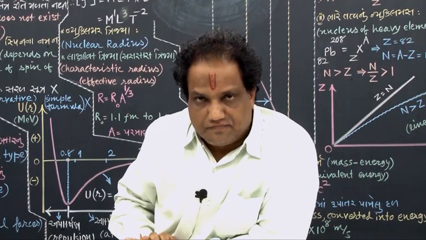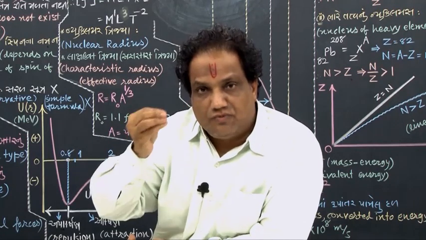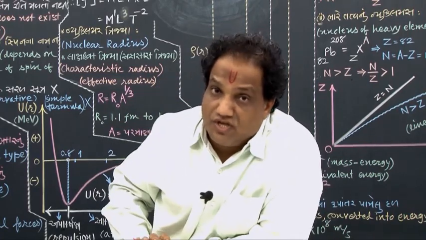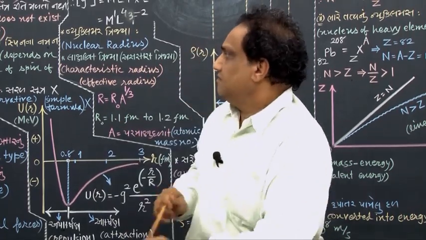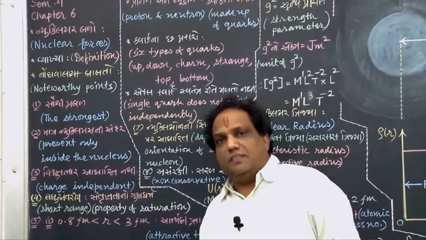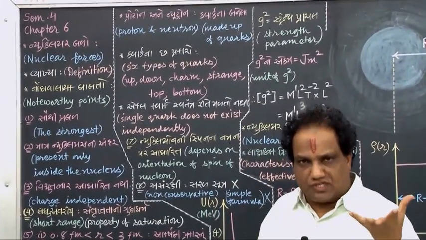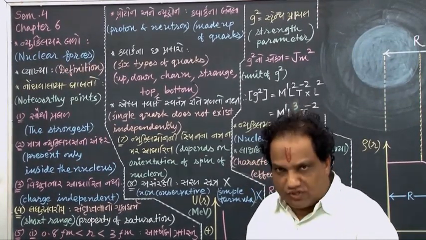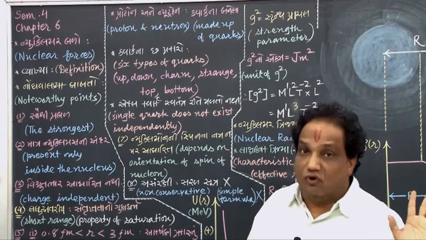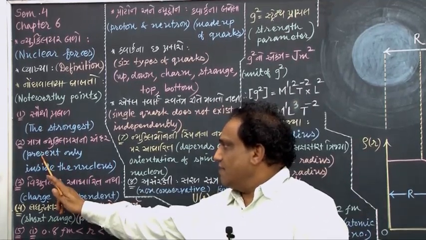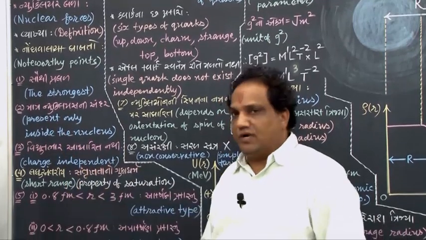Now let us see some of the characteristic features, some of the specialities of these nuclear forces. First, as I told you, they are the strongest, and that's why they are also called strong forces. Stronger than electromagnetic forces, stronger than weak forces, stronger than gravitational forces. Second point, they are present only inside the nucleus.